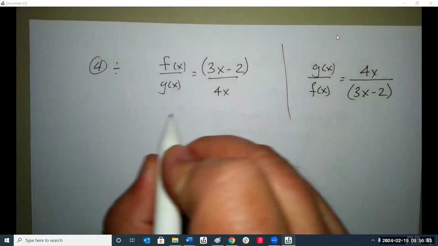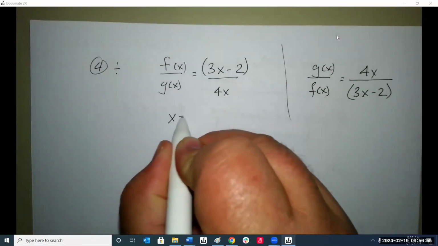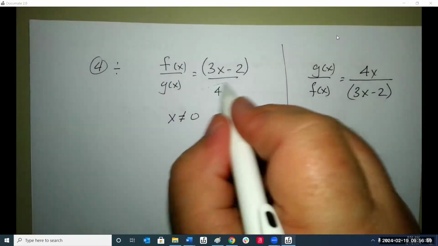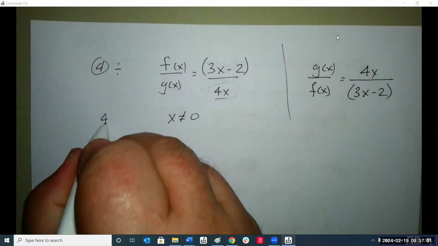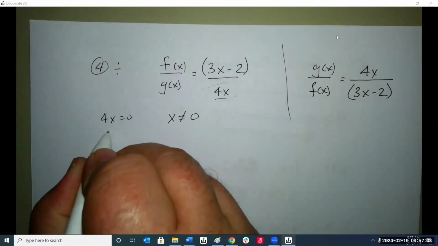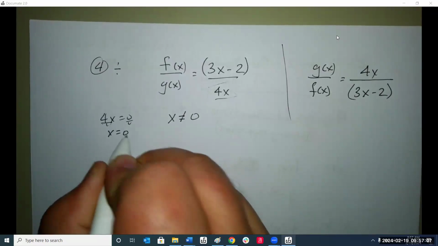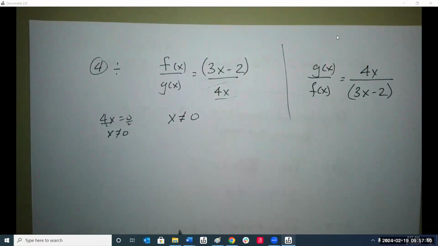The only thing about it is x cannot equal 0 because you cannot have 0 on the bottom. So we set the denominator equal to 0, divide by 4, x equals 0. So x cannot equal 0.